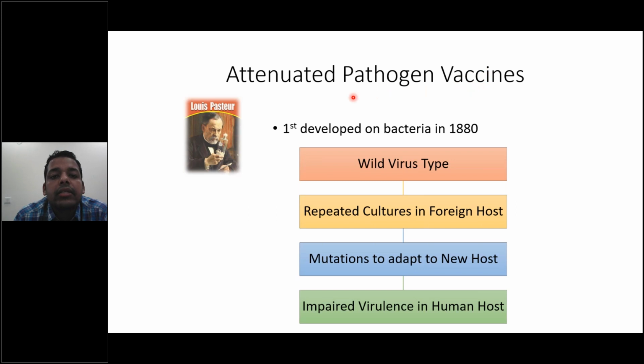What was done in this was that the wild type virus undergoes repeated cultures in some foreign host, and in order to survive and adapt to this new host, the virus undergoes some mutations. As a result of these mutations, the virus's virulence decreases in human hosts, and then that attenuated virus is used as a vaccine.